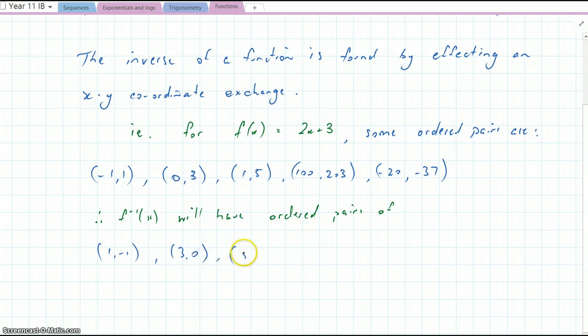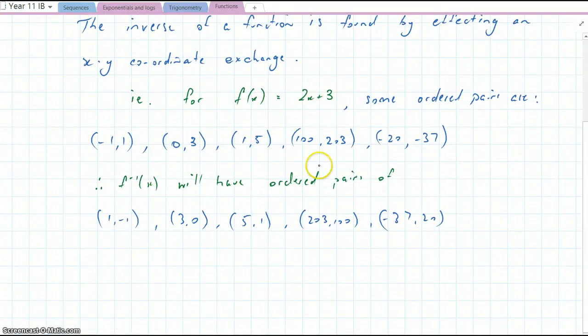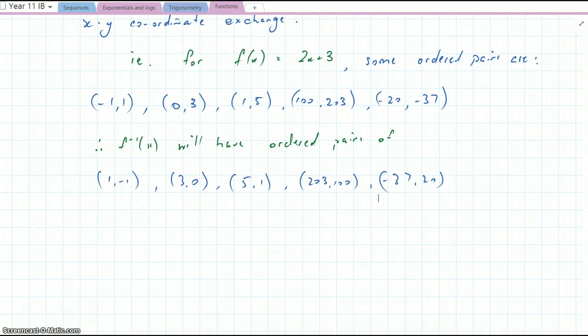All these ordered pairs are changing themselves around: 203, 100; minus 37, 20. It's the practical joker. He's just gone and switched them all around while they were asleep, while they weren't watching. So look at that. The original function, 2x plus 3, which had those ordered pairs, now has these ordered pairs. So that's the effect of having the inverse function.